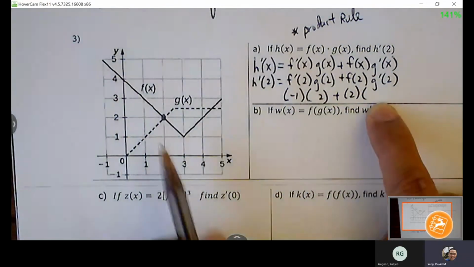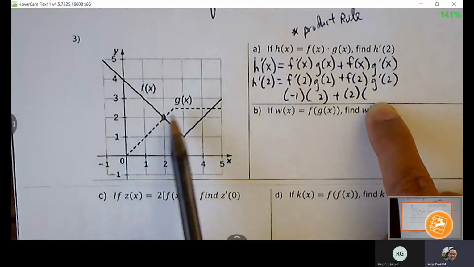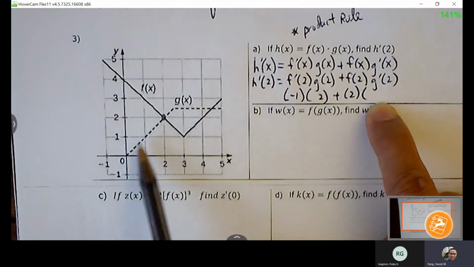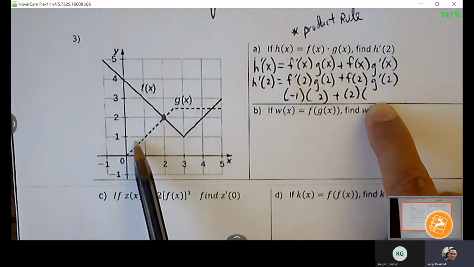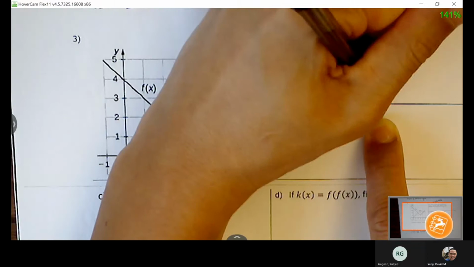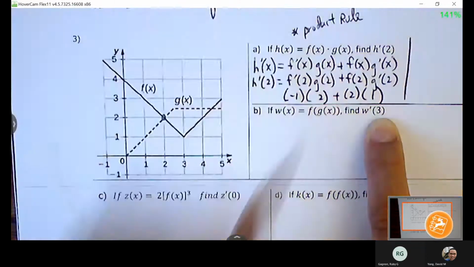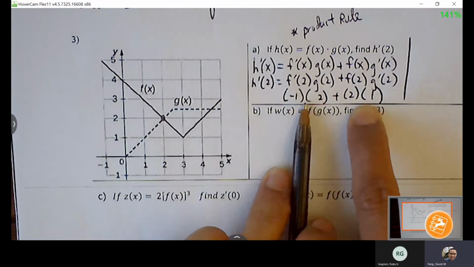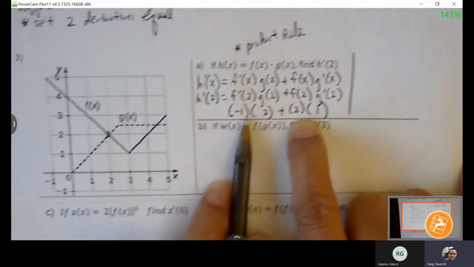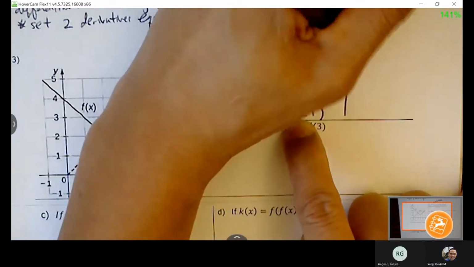Okay, g prime of 2, we're asking for the slope of the g graph at 2, the slope of the dotted line here. I pick 2 points that I can find, up 1 over 1, rise over run, slope of 1. h prime of 2, I just merge those values together. -2 plus 2 is 0.